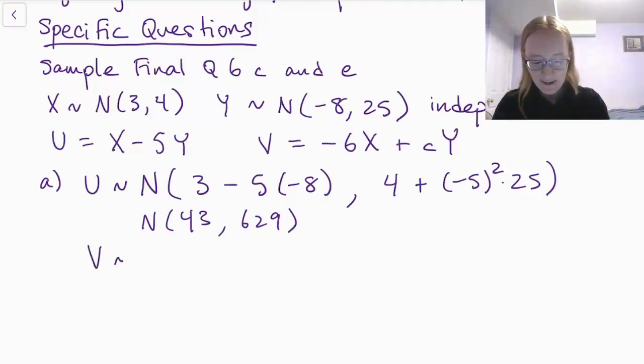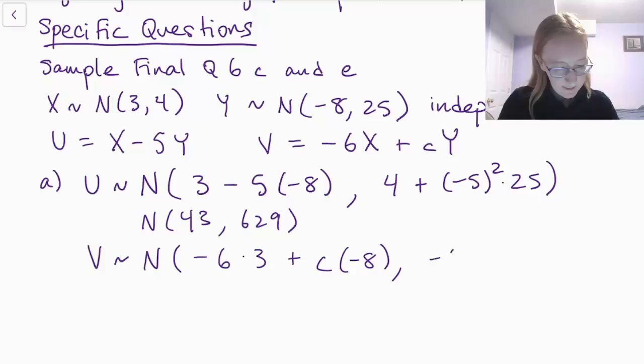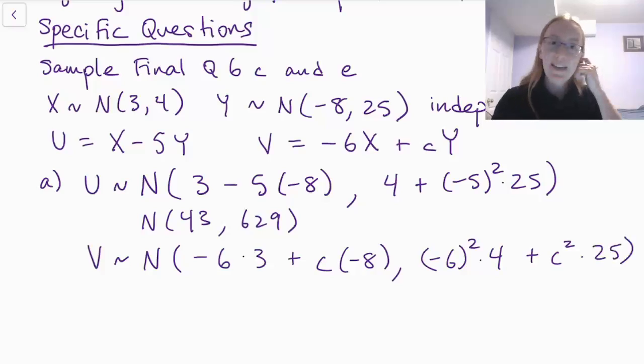And then similarly, V is going to be normal with mean negative 6 times the mean of X, which is 3, plus C times Y, so that's C times negative 8. And then the variance similarly will be negative 6 squared, so that's positive 36 times the variance of X plus C squared times the variance of Y. We can't really simplify the mean much other than to say it's 18 minus 8C.